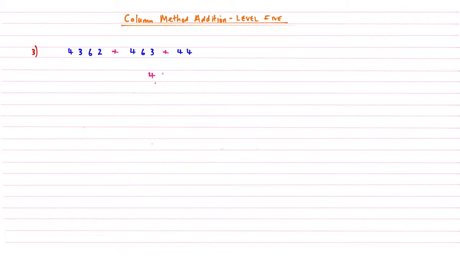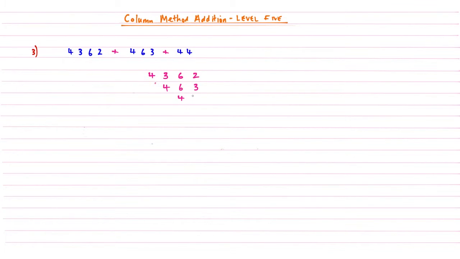So we've got 4,362 first. Then we've got 463 if we're going to go in size order. So this is in the hundreds. So we line up the 463 underneath the hundreds column there, and then the tens and the units follow. And then the last one is a 44. Now, because this is our third number and we've not actually seen how we put a third number in the method addition, all we do is just include it underneath.